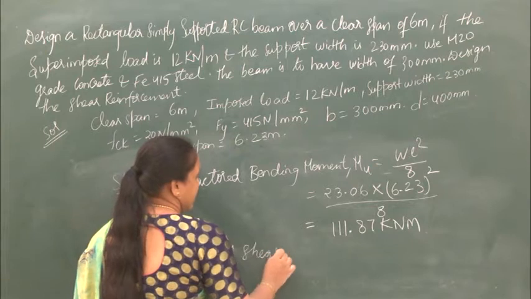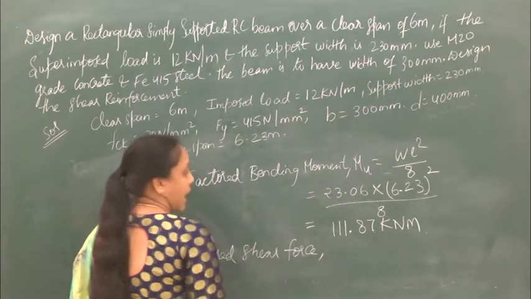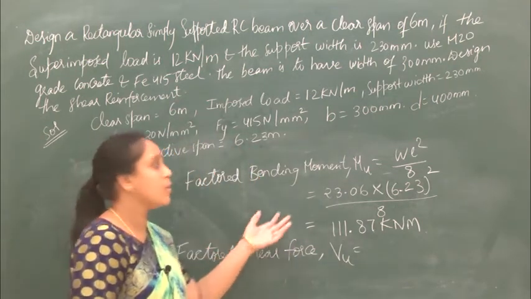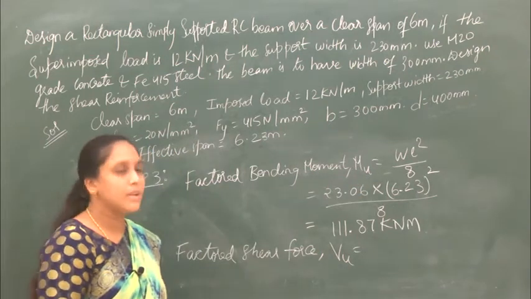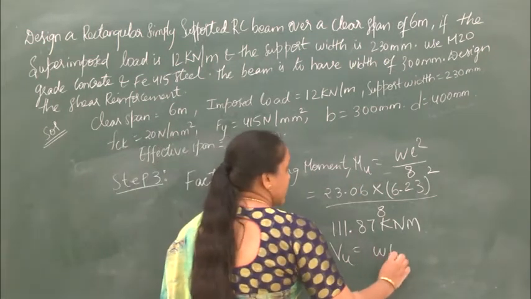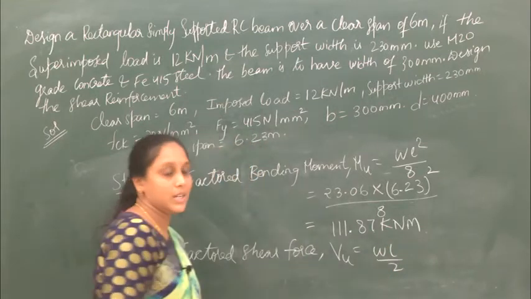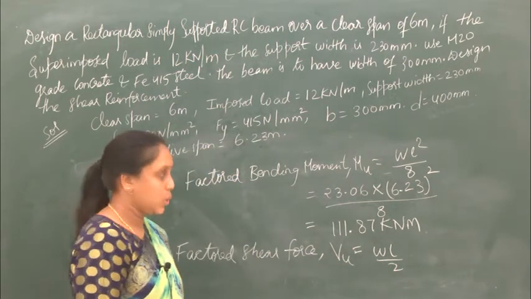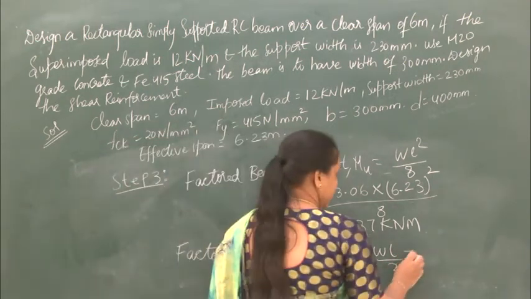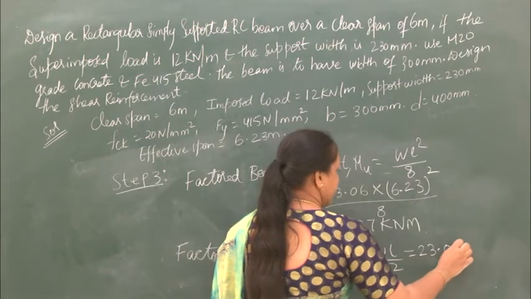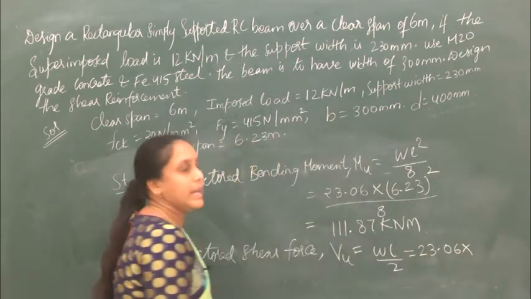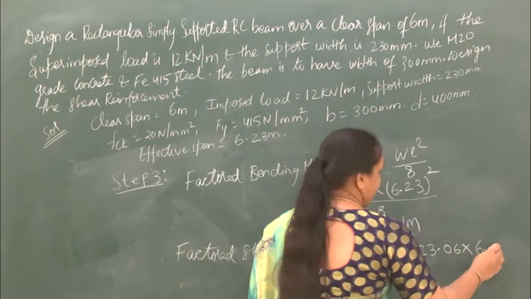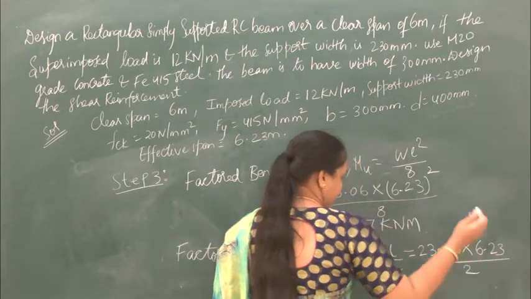Now let us find out the factored shear force. The factored shear force Vu can be calculated as follows. The maximum bending moment is WL square by 8, and the shear force will be WL by 2, which we have already studied previously. W here is 23.06 into L, where L is the effective span, which is 6.23, divided by 2.